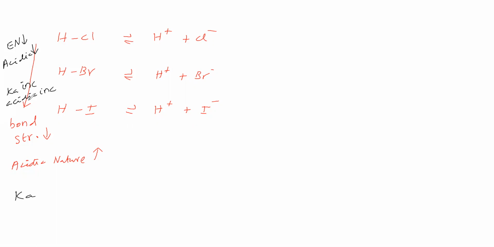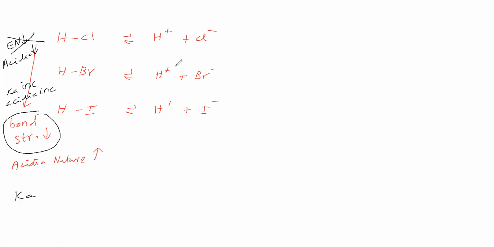It is an experimental fact. So which theoretical concept is suitable for explaining this experimental fact? Bond strength, but not electronegativity. To explain this experimental fact, use bond strength. Don't use electronegativity. Therefore, HI acidic strength is more when compared to HBr, and HBr acidic strength is more when compared to HCl.